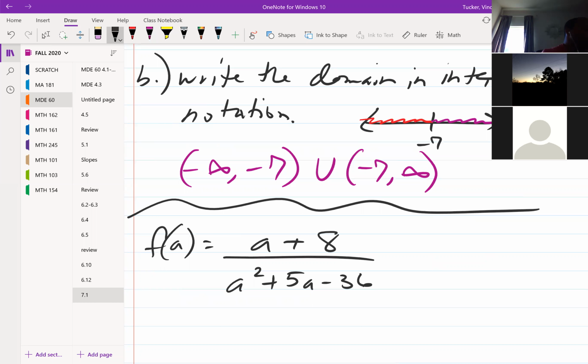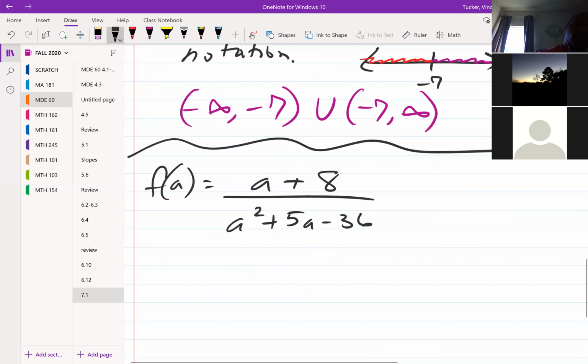All right, so we're going to do the same directions on this one. Set your denominator equal to 0 to figure out what values cannot be used, the restrictions.